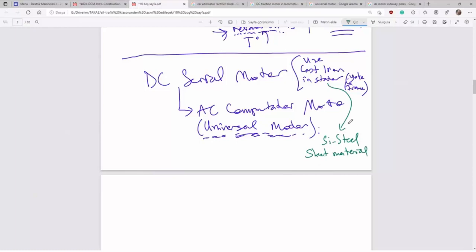The material is changed. And all those machines are serial type. We will understand later.